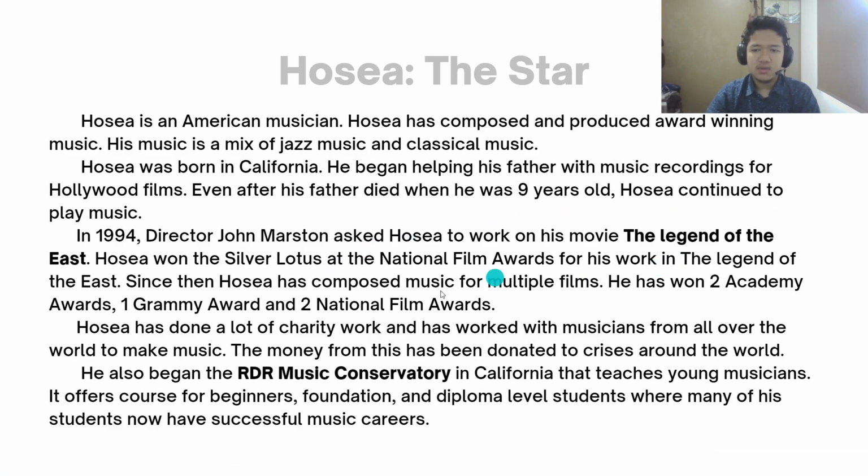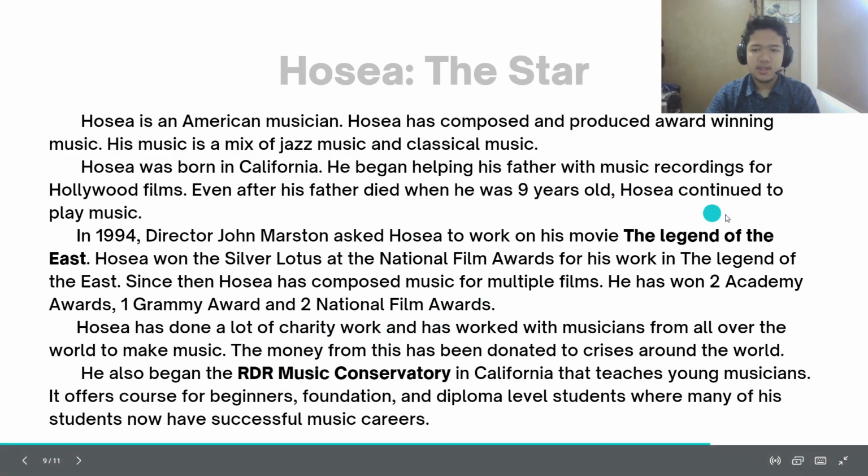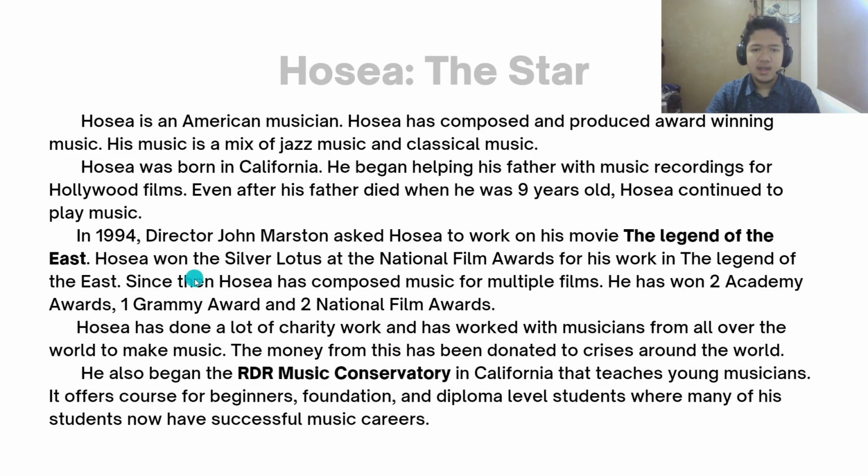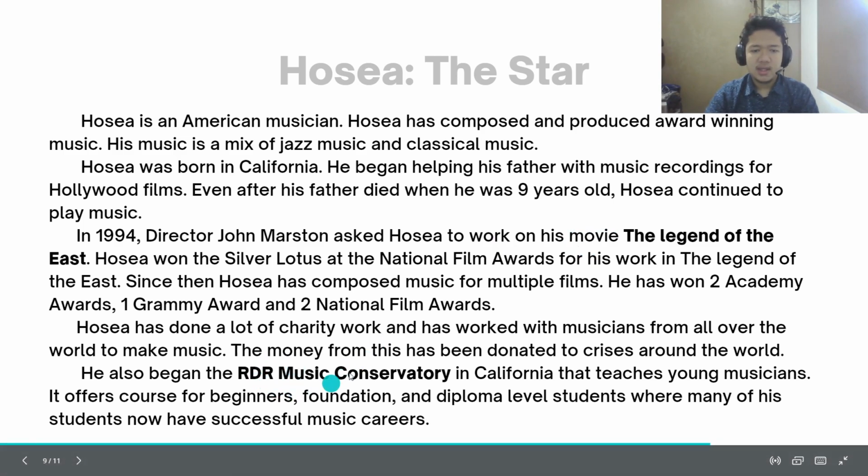So there are two bold words. The first one is the Legend of the East, and that means we need to read about the Legend of the East, what it is, and it's the first movie that Hosea worked on. And second is the RDR Music Conservatory.